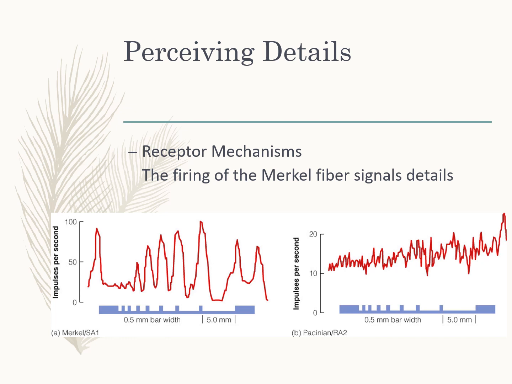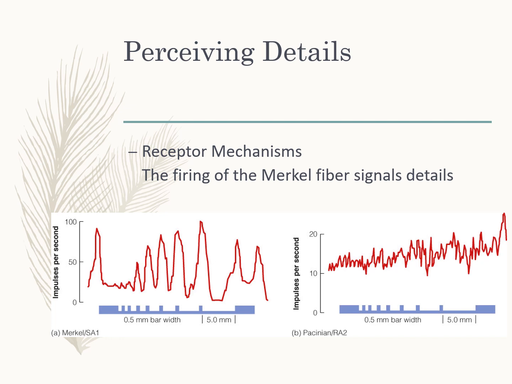If we then look over at what's happening with the Pacinian corpuscles, first of all, you'll notice that for the Merkel receptors, we're going from 0 impulses per second to 100 impulses per second. So those large changes, those neurons are firing at like 100 impulses per second to say, hey, I feel something here. Whereas if we look over at the Pacinian corpuscles, we're going from about 5 impulses per second to about 20, maybe a little bit over 20.